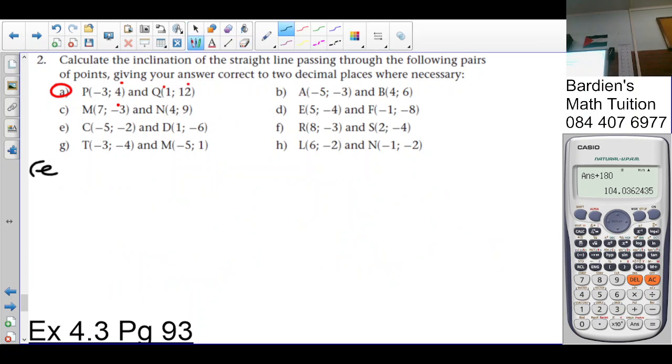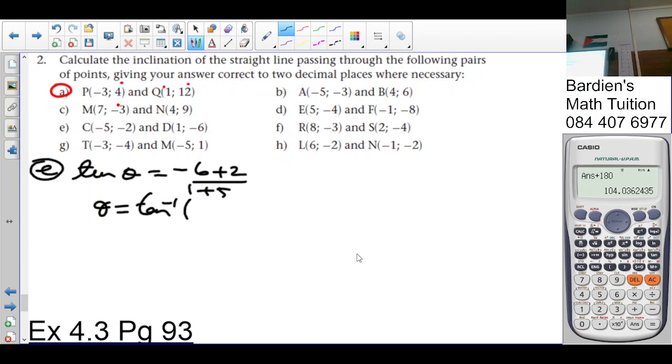Let's look at E. The tan of theta equals the gradient, which is negative 6 minus minus 2 over 1 minus minus 1. So theta is equal to arctan of negative 4 over 6, which is negative 2 over 3.